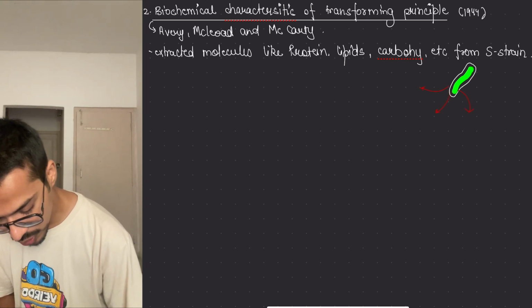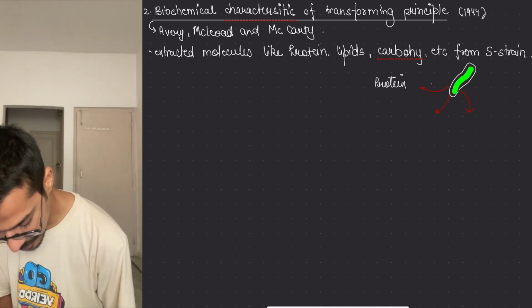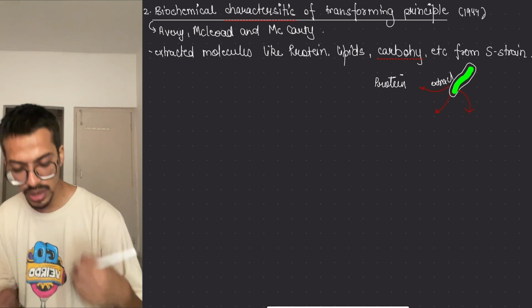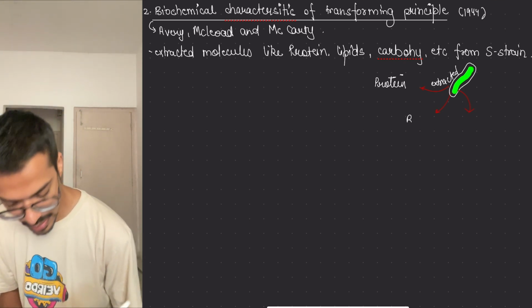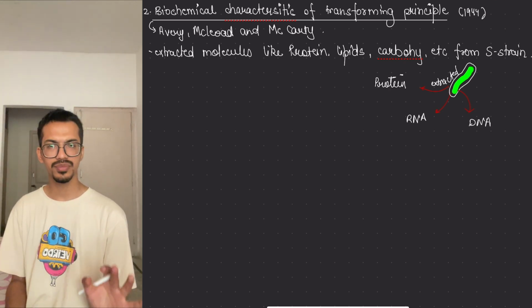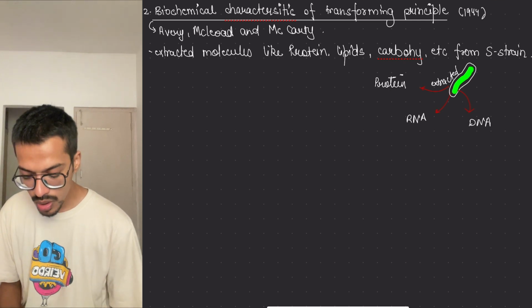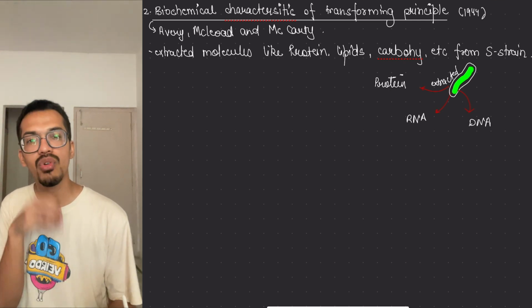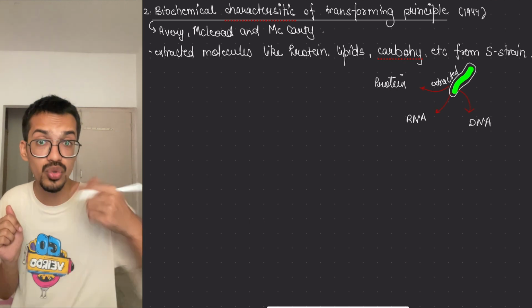So what are the molecules? Number one, I have taken the protein out, either all the proteins which are present, or RNA or DNA in its body, all the other material, but I am doing it with these three only. Other answers would be similar. Now when I take them out, I want to see which will be taken up by the R strain to change itself.